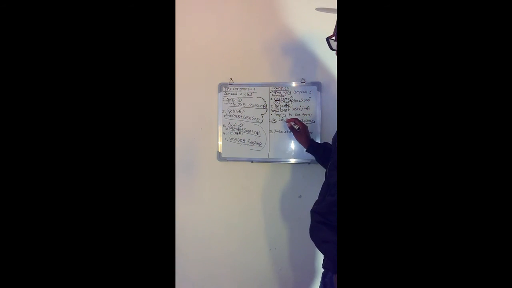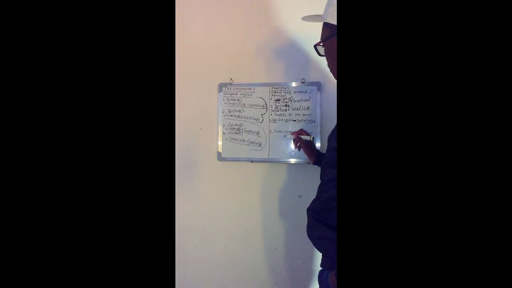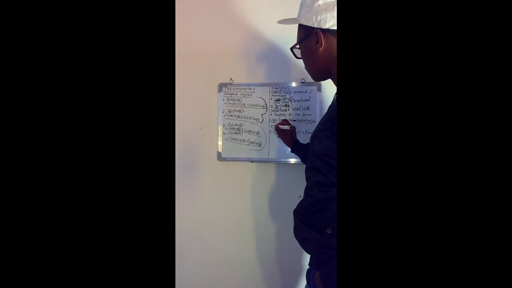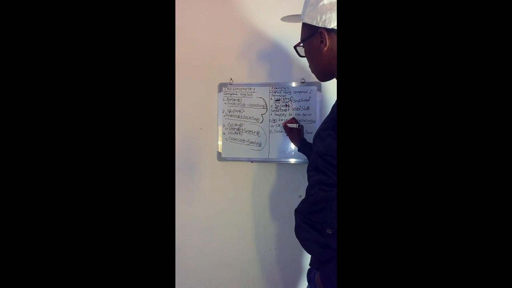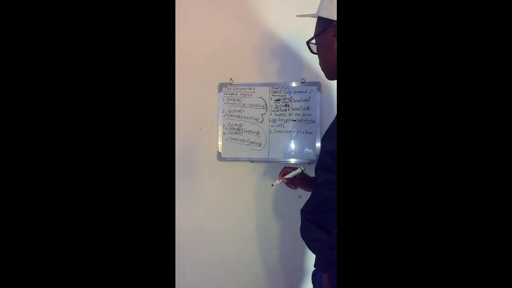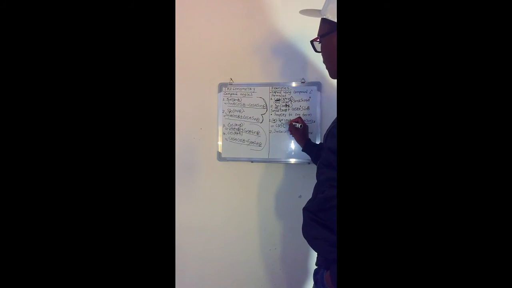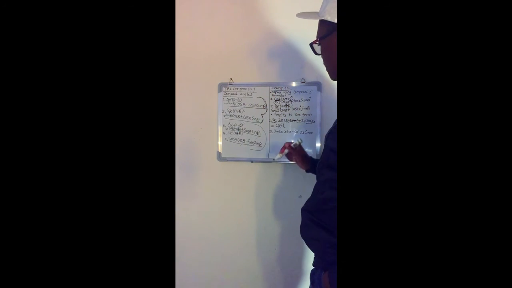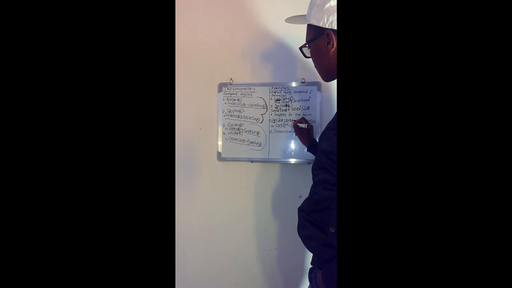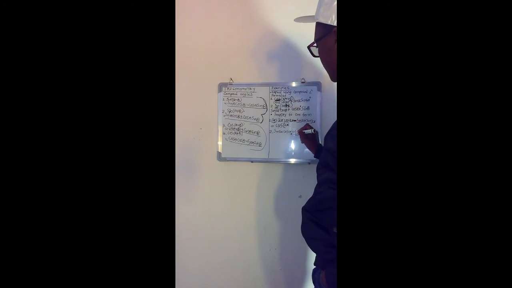That's what simplify to one term means. So it's cos, because again it is cos, sine. We have two angles, 2x and 3x.